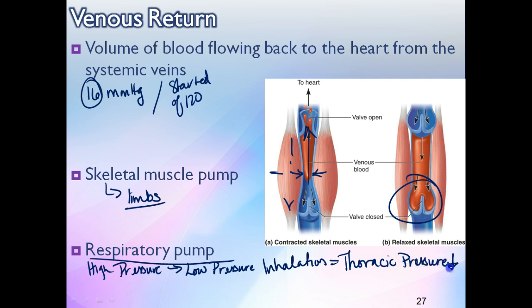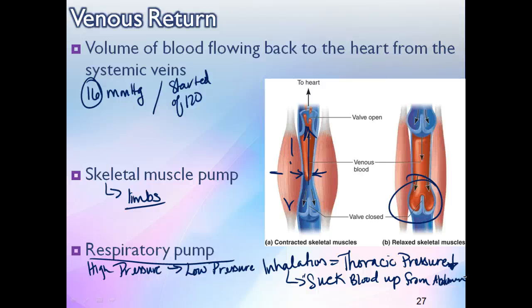Now, this drop in thoracic pressure is there in order to suck air into your lungs, but at the same time it also acts to suck, so to speak, blood up from the abdomen. So this respiratory pump helps suck the blood from the lower pressure areas in our abdomen.